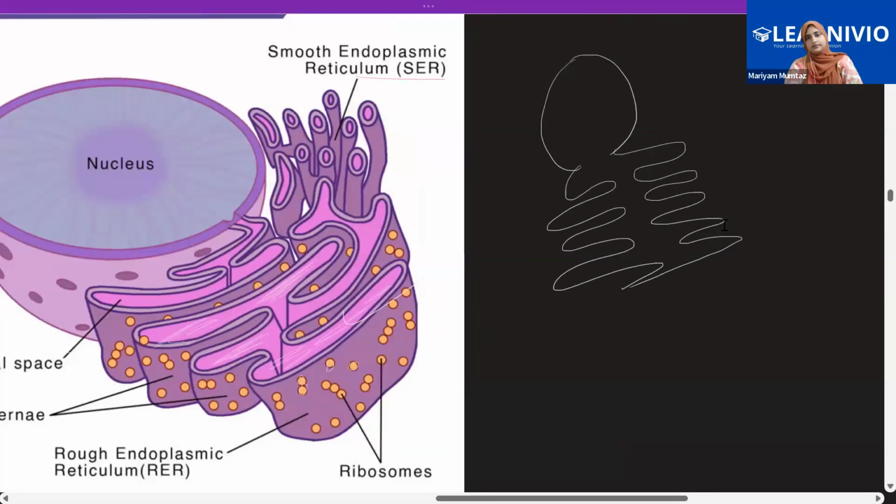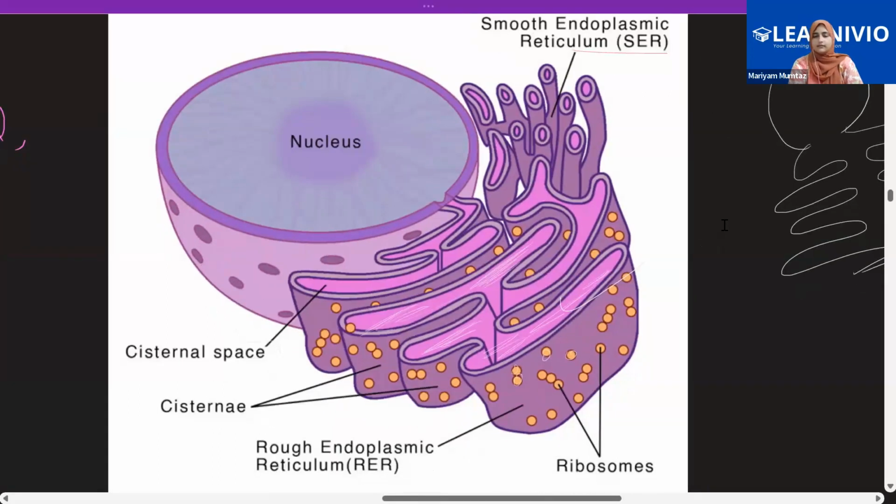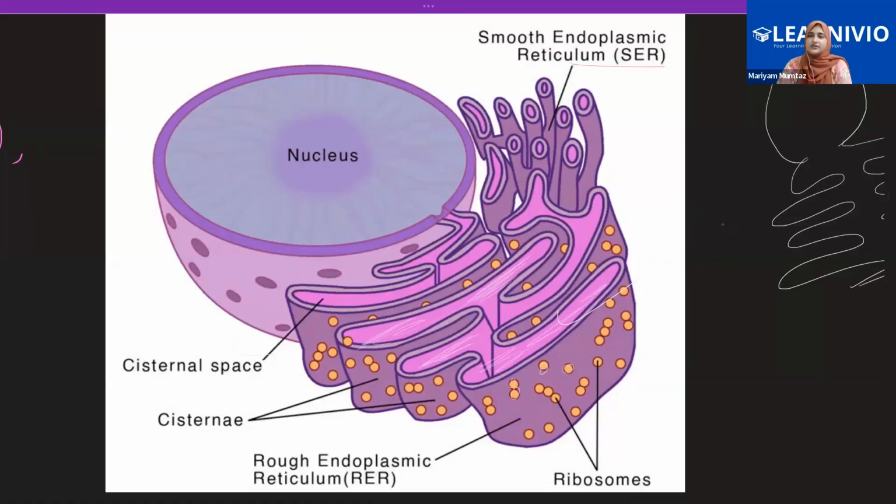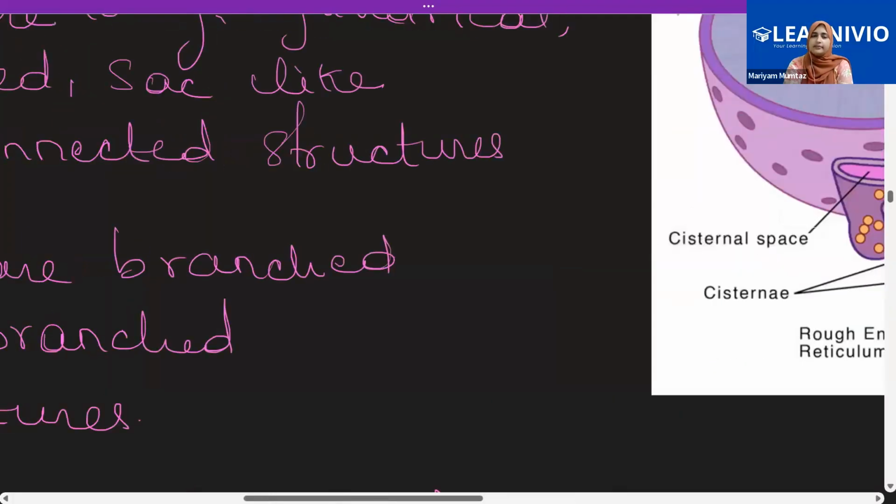I'm not sure, but they help in protein synthesis. You are absolutely correct. They are responsible for protein synthesis. Now you see the smooth endoplasmic reticulum marked over here. It has no circular dots on it. It's like a plain tubular structure. Whereas the ones with the yellow dots are the rough endoplasmic reticulum, which have ribosomes present on them.